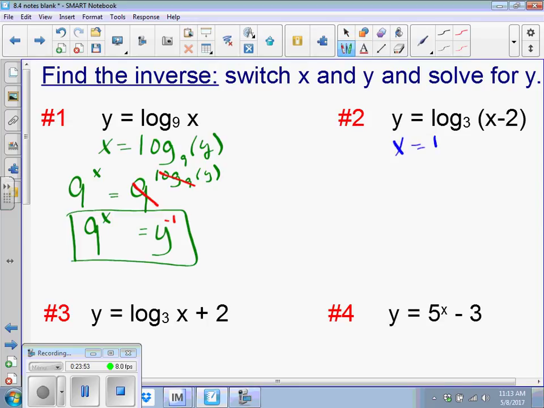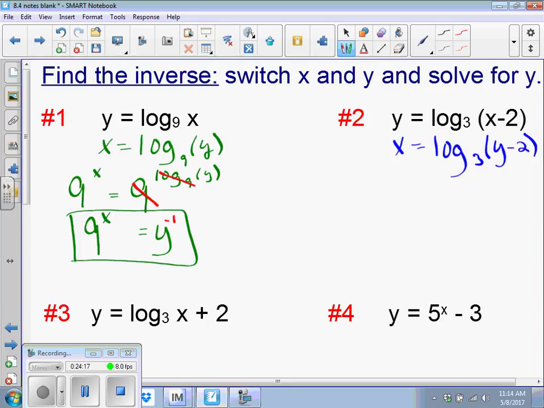So this is x equals log base 3 of y minus 2.